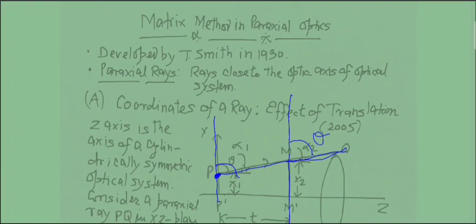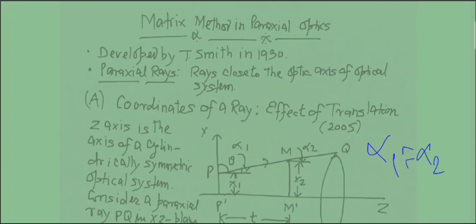And both of these are going to be equal. Both of these will be theta. This will also be theta, and this will also be theta only, because these are parallel lines and PQ is the transversal. Also, because alpha 1 equals alpha 2, and the angle between this and this is 90 degrees.